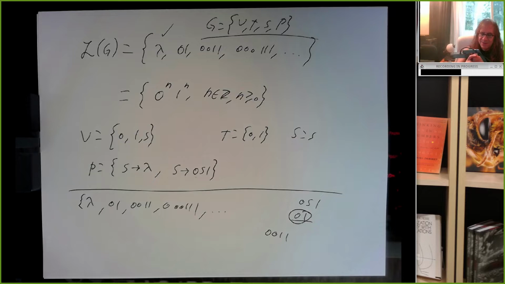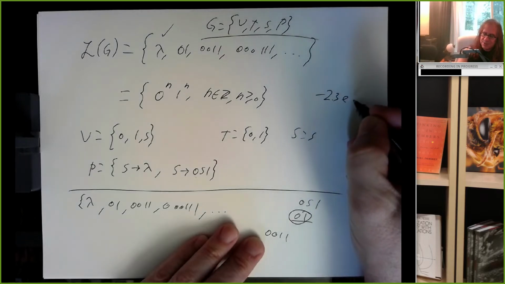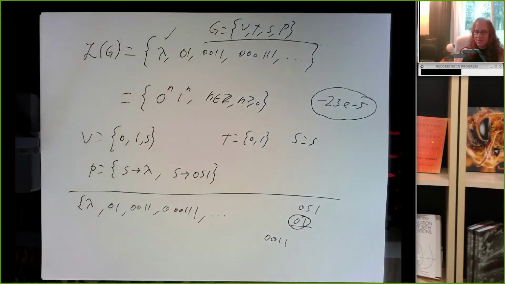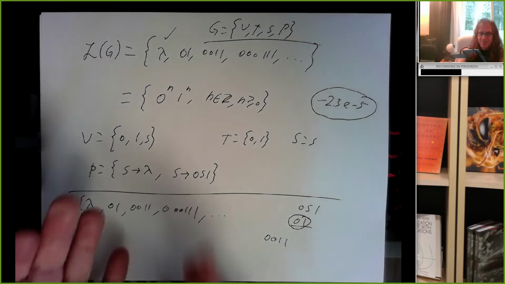That's a fairly simple kind of parsing. But if we wanted to do something more complex, for example, recognize what a floating point number is, so that if the person types in negative 2.3 exponent negative 5, and we want to know if that's a valid floating point number, right? We could do some sort of syntactic analysis on it.